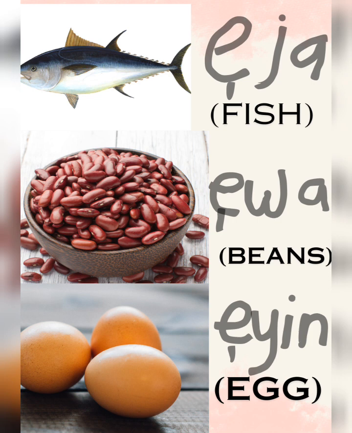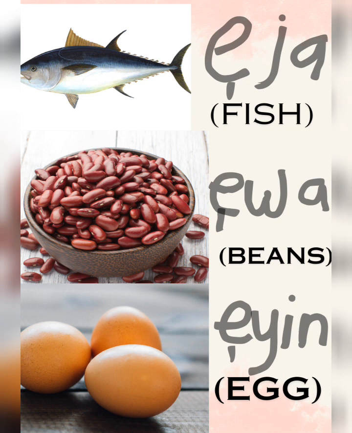Ẹja, that is fish in English language. Ẹja in Yoruba language carries the E sound. You will notice that I put a dot at the end of the E sound.